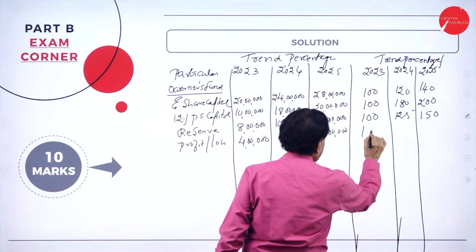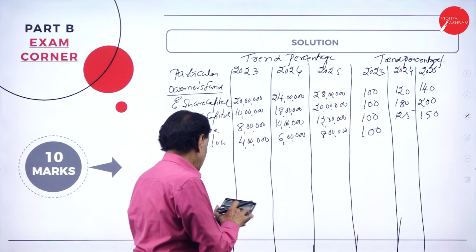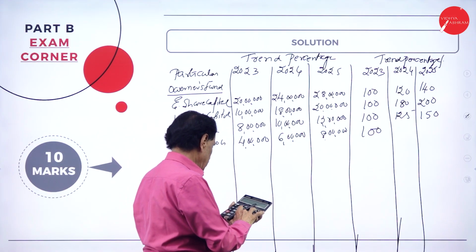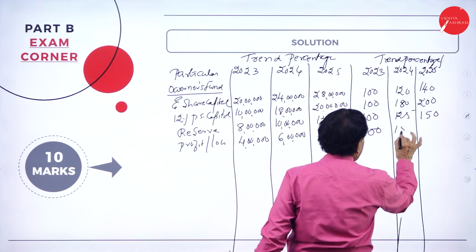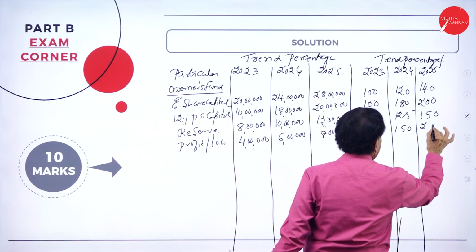This is 100. 6 lakh divided by 4 lakh into 100 is 150%. 8 lakh means 200%.